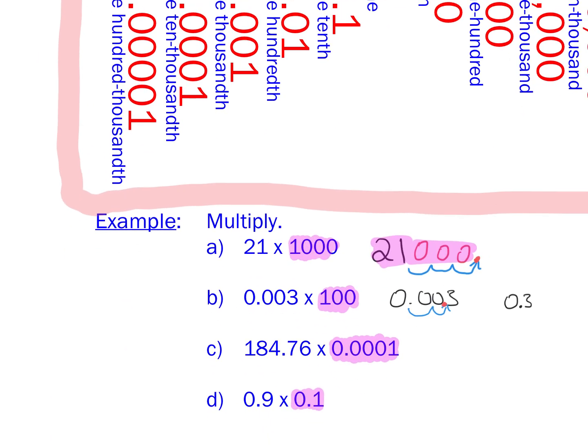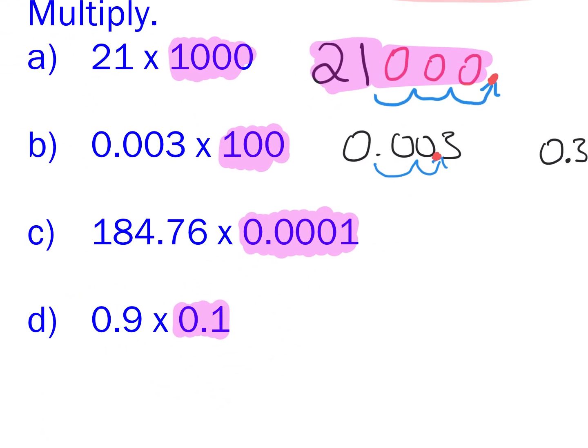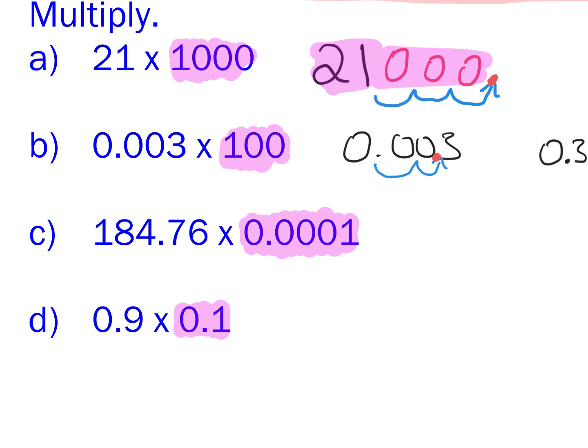So now, we're going to take a look at this. We are going to move the decimal, because this is 1/10,000th, 4 decimal places to the left. So that is 1, 2, 3, 4.